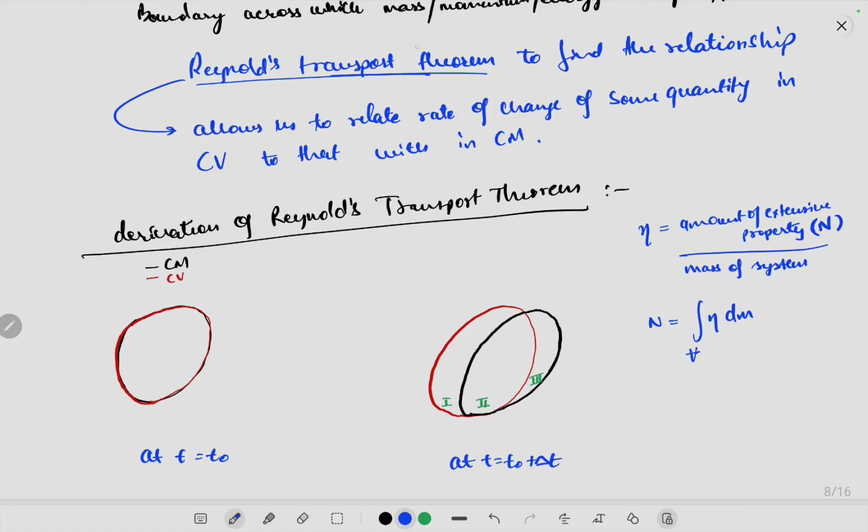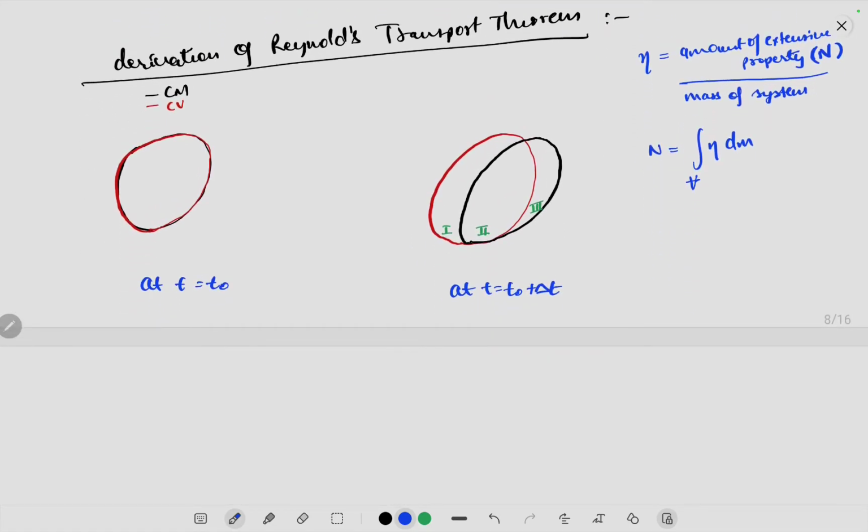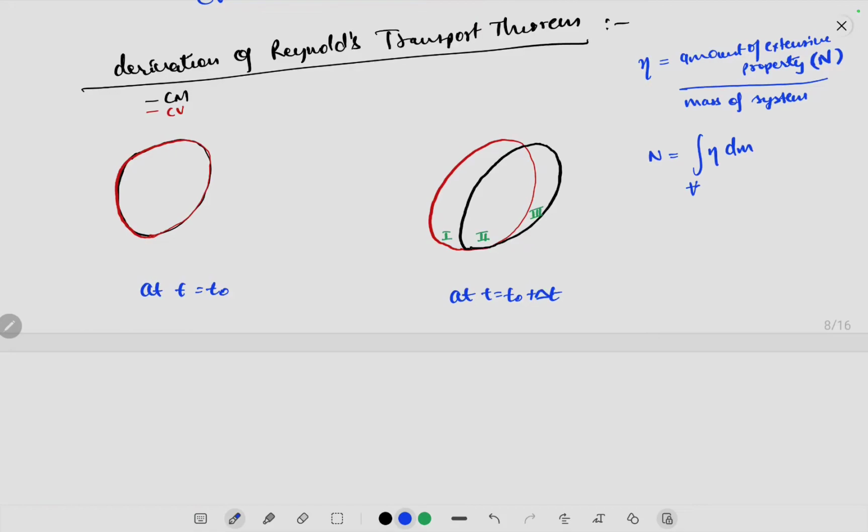Okay, so let me repeat what we have done so far. We want to derive the Reynolds transport theorem. For that we considered a control mass and control volume, and we drew the control volume in such a way that it overlaps the control mass.